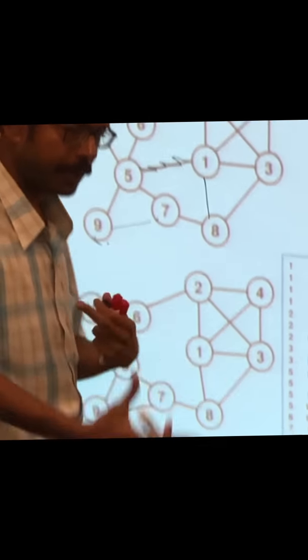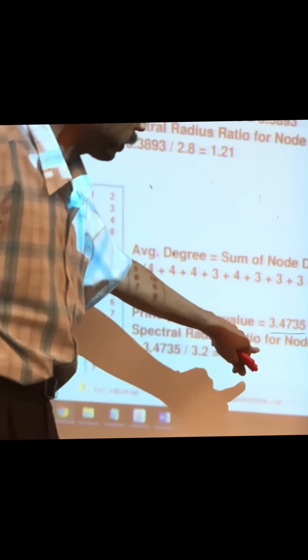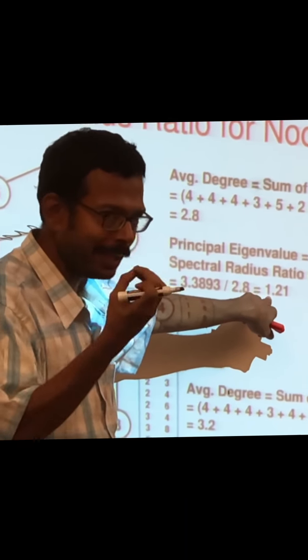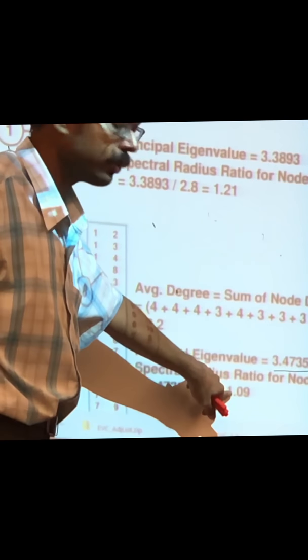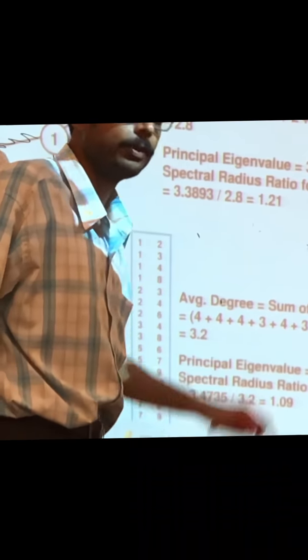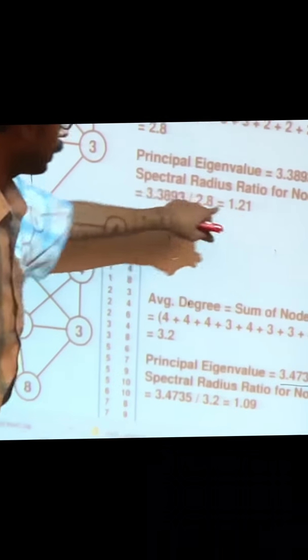And you quantified it how? The spectral radius ratio for node degree is 1.09 and 1.21. So the numbers also give you a feel. It's not like this one is 2.5 and this one is 1.09. They are close, 1.21 and 1.09. These numbers don't depend on the number of vertices.